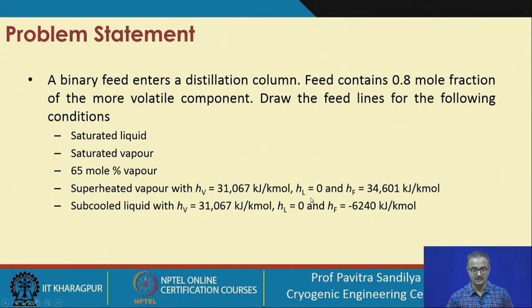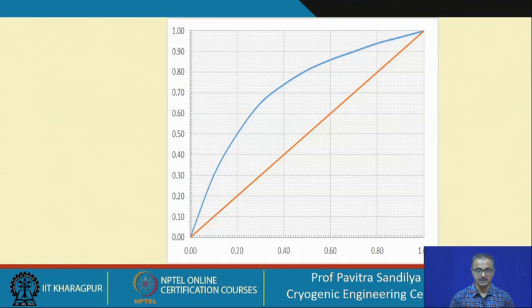Please note that in this case the liquid enthalpy has been taken to be 0, and as you know, enthalpy can be taken to be 0 for any kind of datum. So, whatever enthalpies have been reported in this problem, they have been reported with respect to this liquid enthalpy. So, now let us go to draw these things.